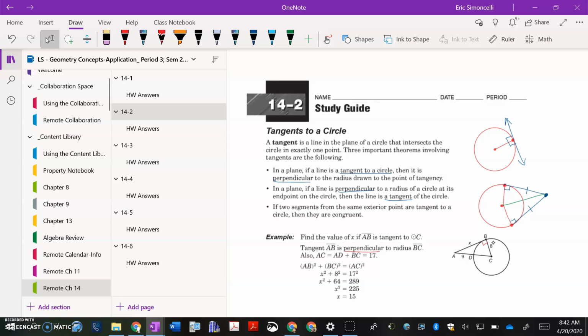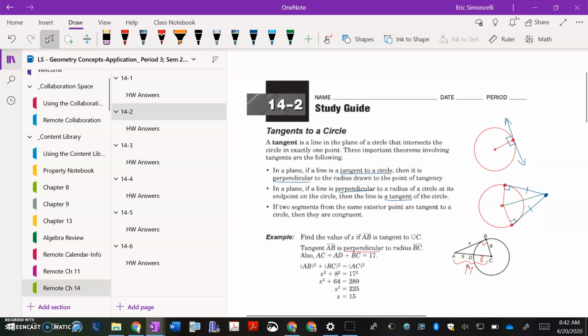Also, AC, so this whole segment, is equal to AD plus BC, which is also what? Equal to 17. Now, the reason they can say that is because the radius is 8, not just for segment BC, but for segment CD, this is 8. Therefore, you can add the 2 to get 17.